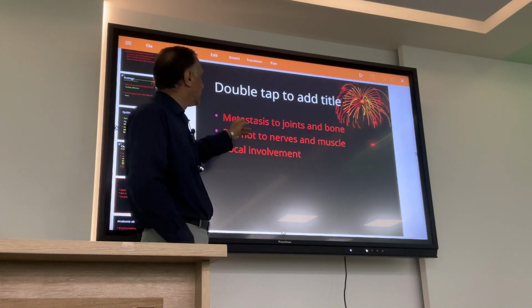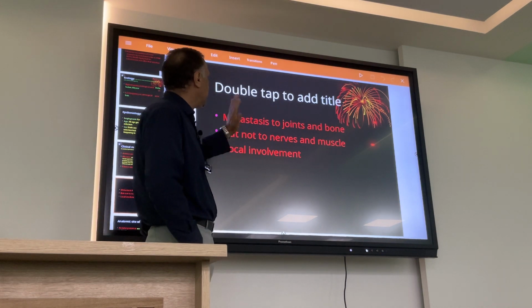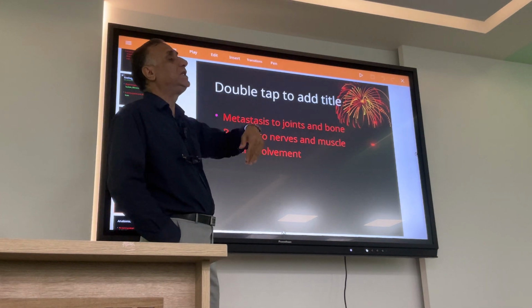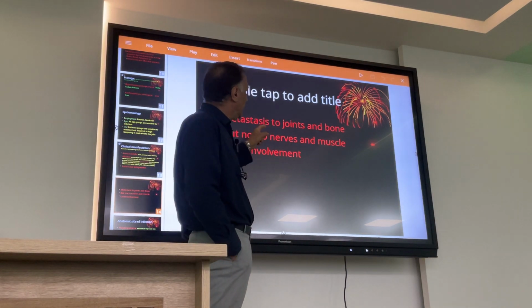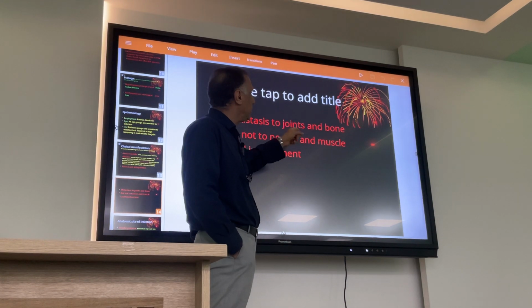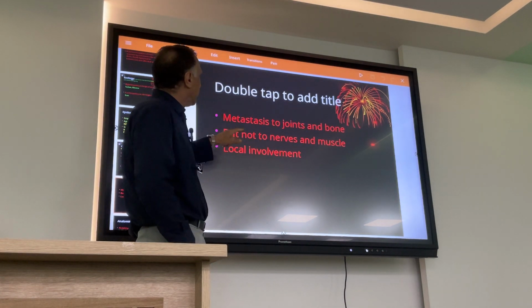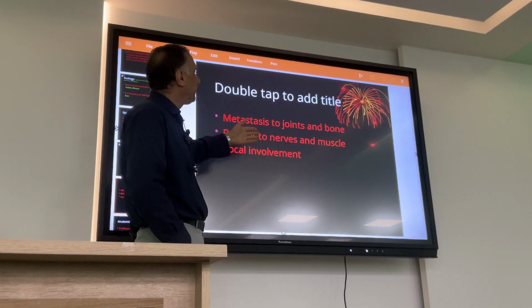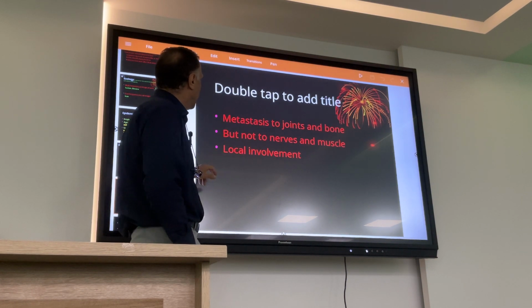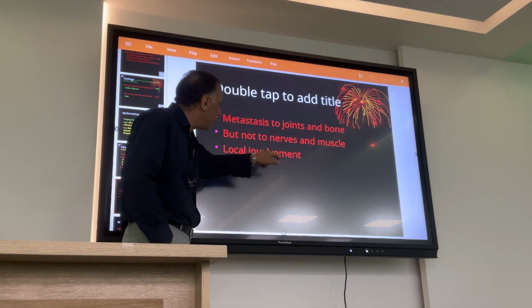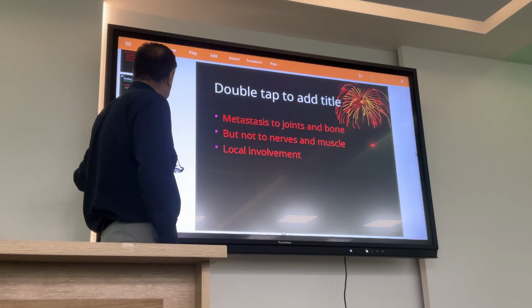There isn't metastasis to other organs, but the infection involves joint and bone. Usually the nerve and muscle don't show the infection, and it is local involvement.